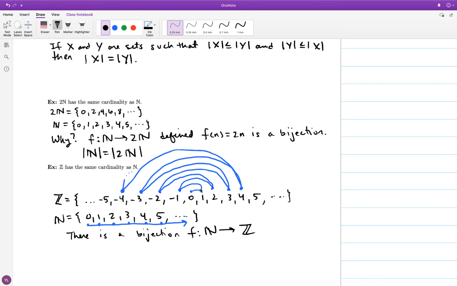So as you traverse this blue ray, you're counting the natural numbers, 0, 1, 2, 3, 4, 5, 6. And as long as that counting exhausts the entire natural numbers as it goes, which it does, and also covers the set that you're counting completely, which here I understand from the picture that I will exhaust all the positive and negative integers, then you've given a geometric picture for the bijection.